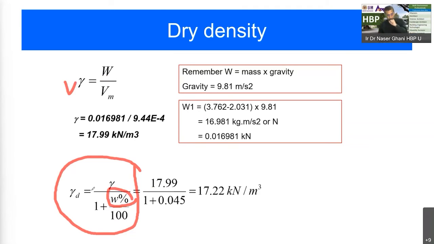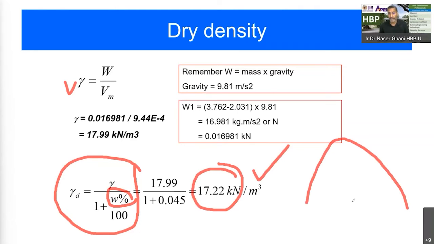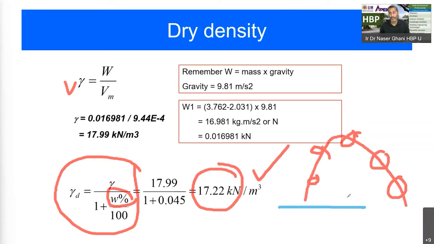So we will get, in this case, for the first specimen, the dry density is 17.22, right? So we need to do this calculation 4 more times, 1, 2, 3, 4, 5, to establish this maximum density.